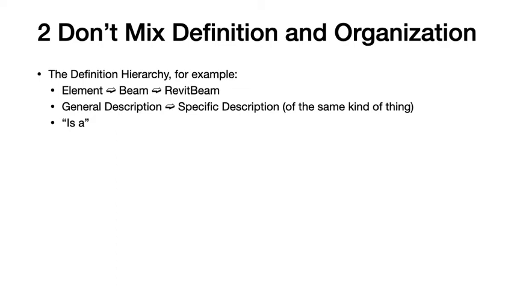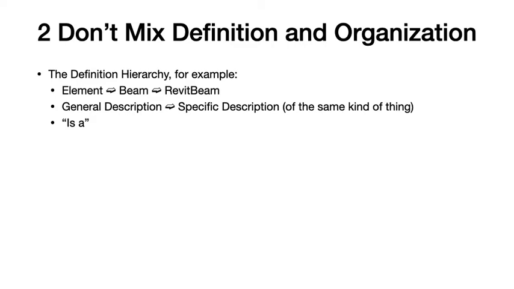If you'll pardon me for giving the specific example, this is something that we have within Speckle. So Speckle has this fairly shallow hierarchy of definition. It goes from a general thing to a more specific description of the same thing. And this is the key thing.